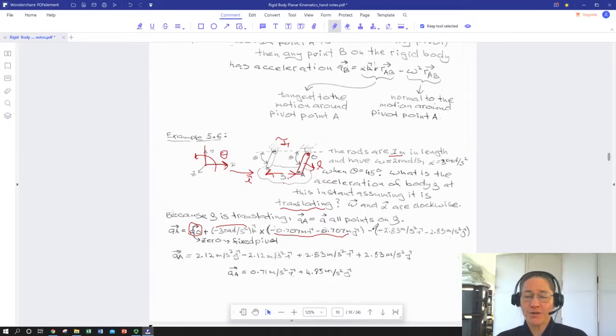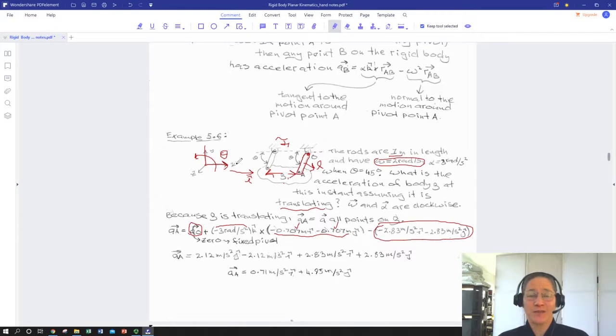Okay, so we're going to subtract our angular velocity squared, so times our ROA. So what we did was we took 4 radians per second, squared it, and multiplied it by ROA, and we got this term. So 4 radians per second, it's actually negative 4 radians per second because it's going clockwise rather than counterclockwise.